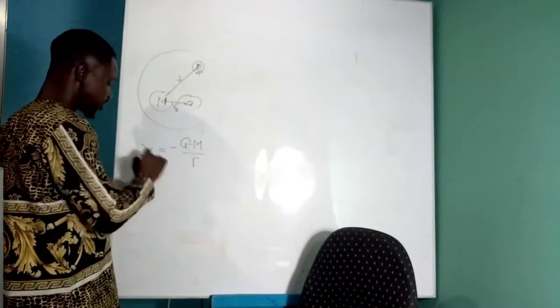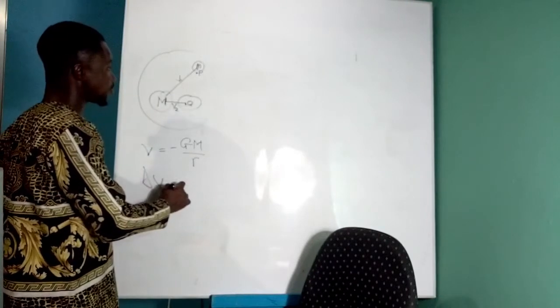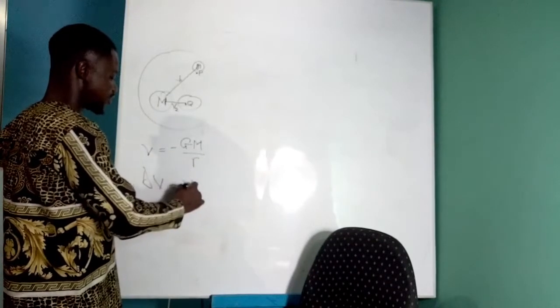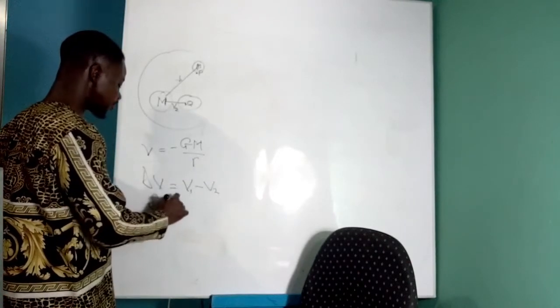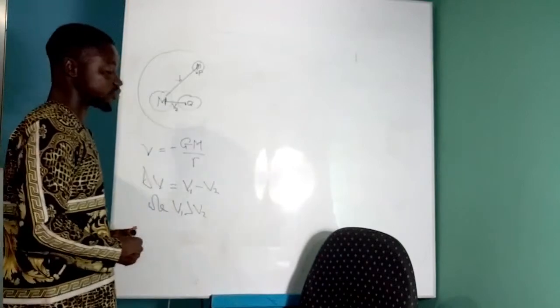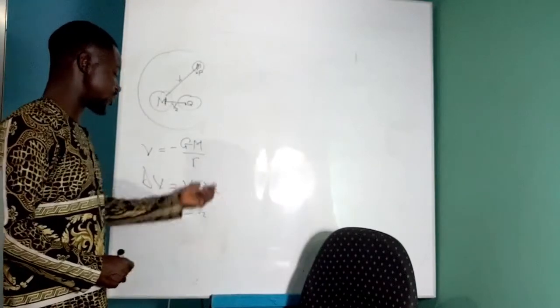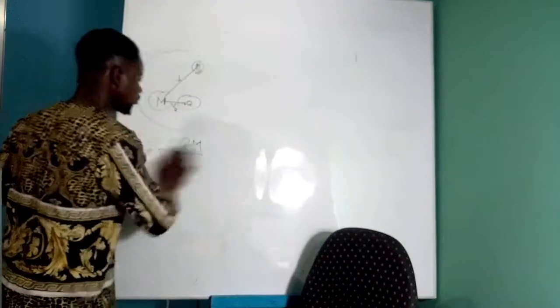And so the gravitational potential difference, delta V, is equal to V1 minus V2, where V1 is greater than V2. We subtract the point of low potential from the point of high potential. So that is gravitational potential difference.